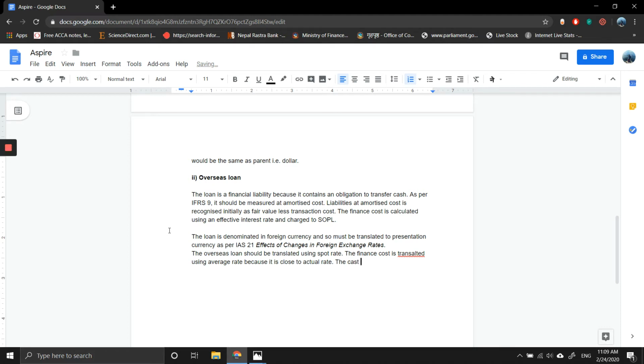The cash payment should be translated at the spot rate, which is at the reporting date. The loan is a monetary item.